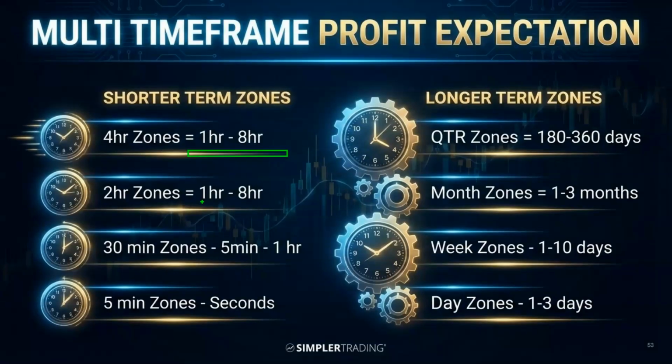For a 30-minute zone, I'm looking for profits anywhere from 5 minutes to an hour or so. And 5 minute zones, guys, those types of scalp trades can happen in less than a minute.